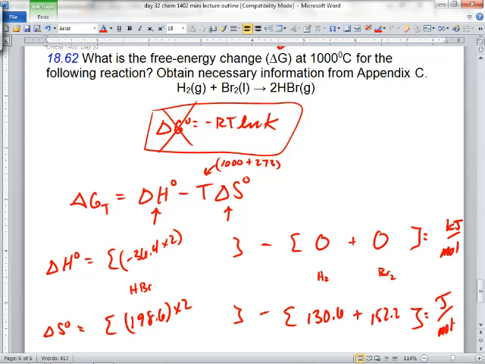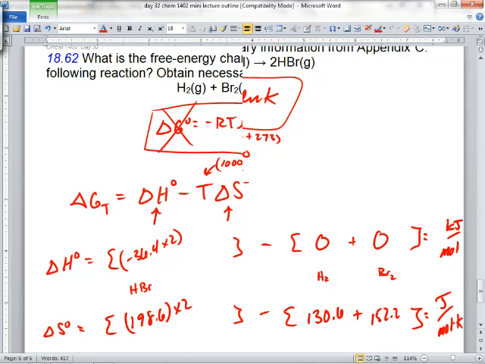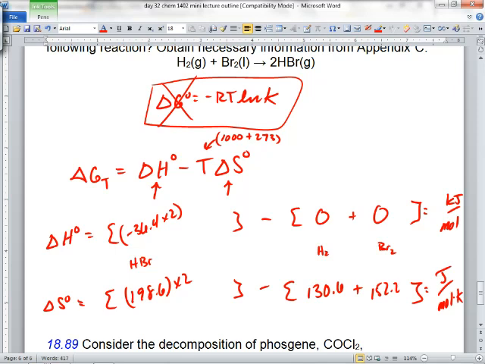Okay. All right, so let's see if we can get these numbers here. So it should be about a negative 72.8.